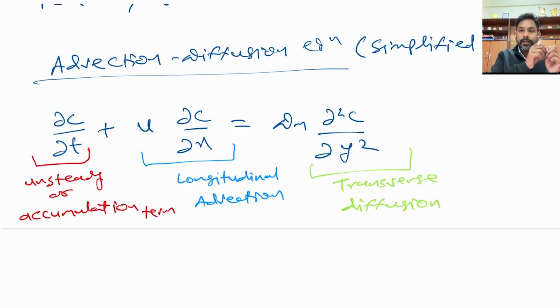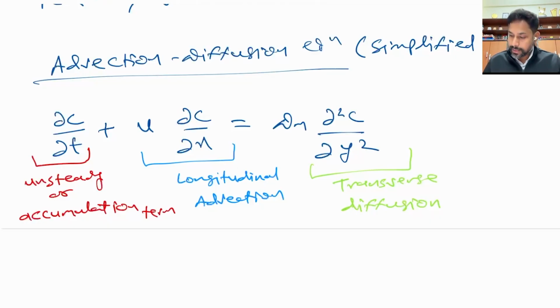So basically, as we have seen, velocity is going in one direction. So whole block of fluid is actually moving from one point to another. That is coming because of this longitudinal advection term. And then the third one is transverse diffusion term. So this is basically the molecular diffusion term. And that's why we have the d square c by dy square. And there is this DM term as well. Okay, so this gives you the overall mixing pattern for a system with advection and diffusion.